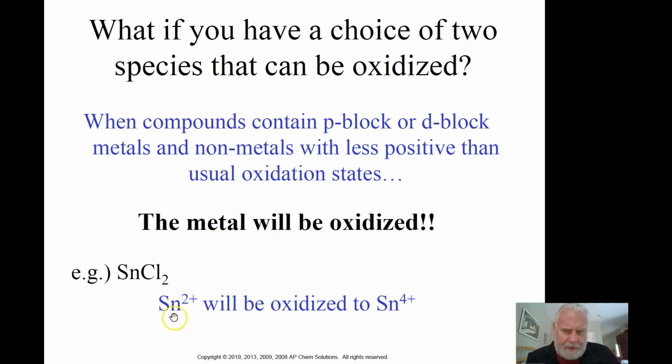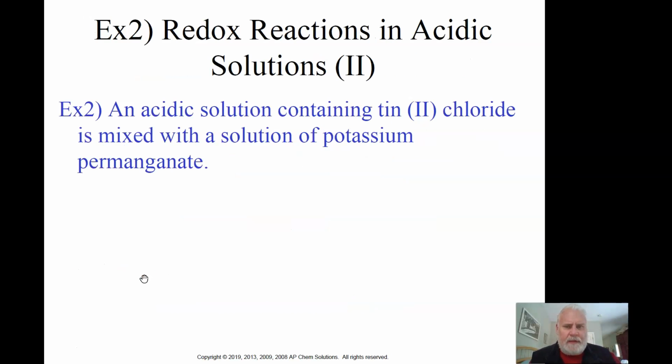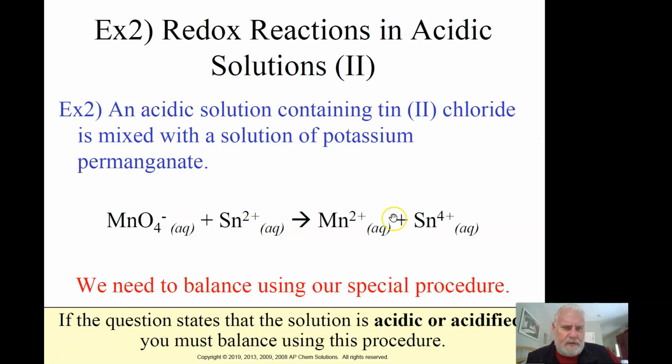And it'll go from Sn +2 to Sn +4. So hopefully you pulled up that slide and realized that, yep, that's what's going to happen. So these are your two starting points. There's your two products, and we need to balance this using 1, 2, 3, 4, 5, 6, 7.